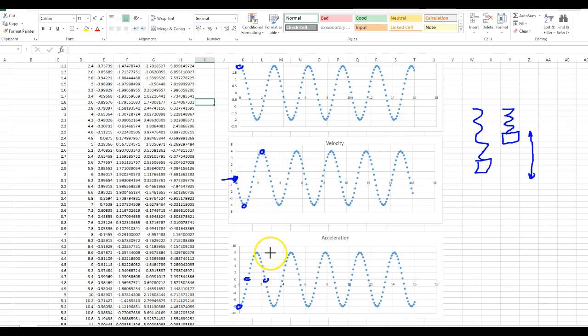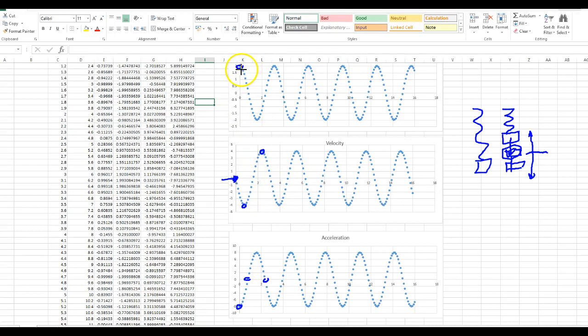So in terms of locations, the velocity is at its maximum when it's passing its equilibrium position. As it is moving past this point here, it has the most kinetic energy, and then it starts to slow down again until it gets to the bottom of its movement. So the maximum velocity is when it's passing the equilibrium position here.